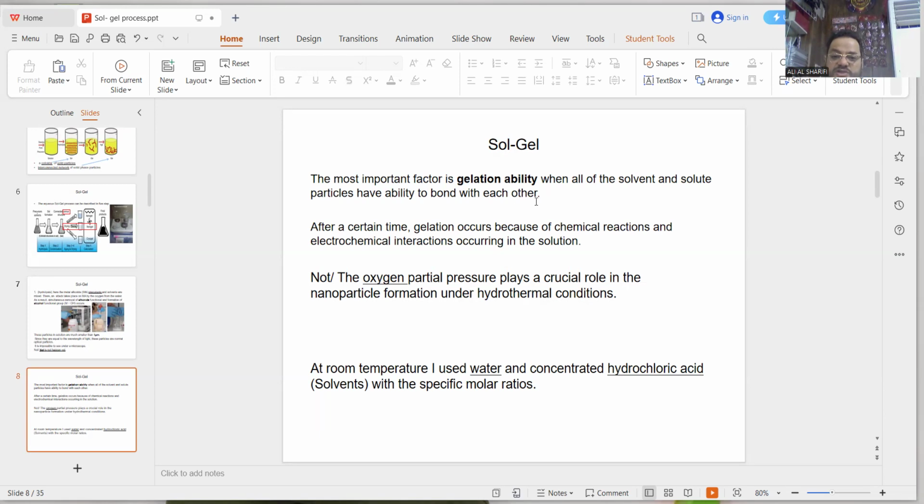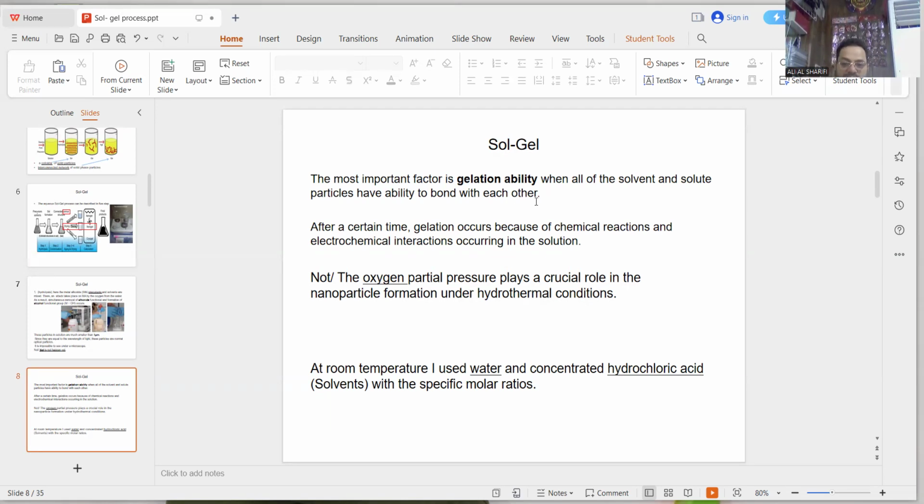The oxygen partial pressure plays a crucial role in nanoparticle formation under hydrothermal conditions. I worked at room temperature. I used water, like I said before, 50 milliliters, and hydrochloric acid, 25 ml, with the specific molar ratio.